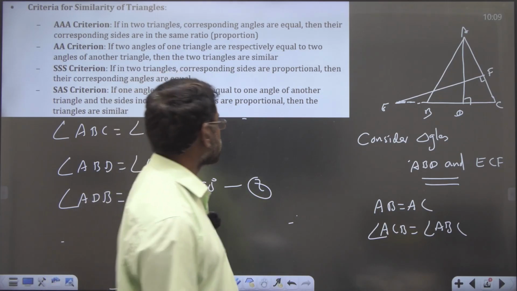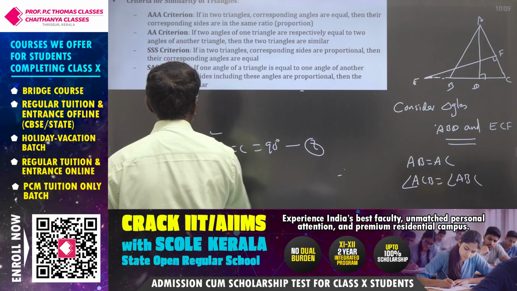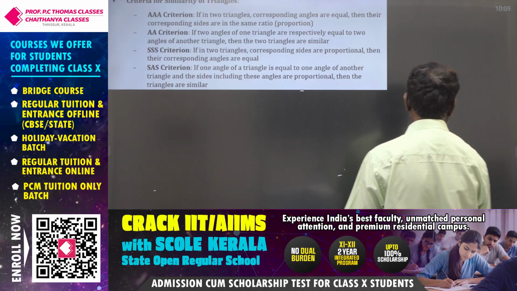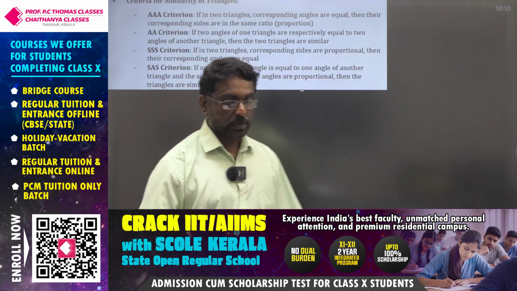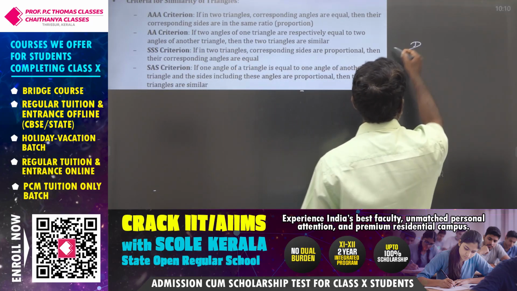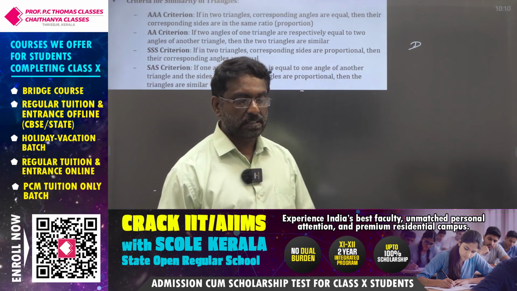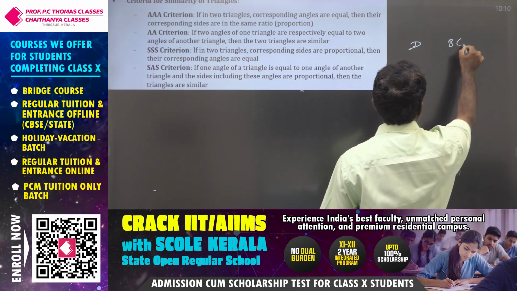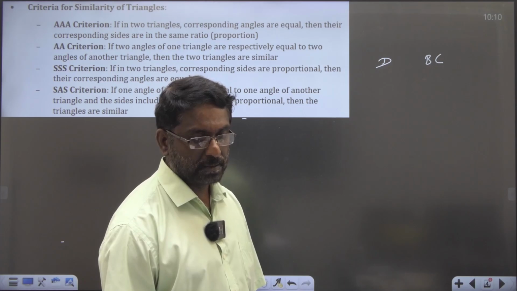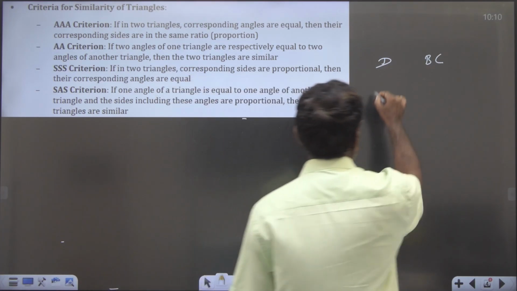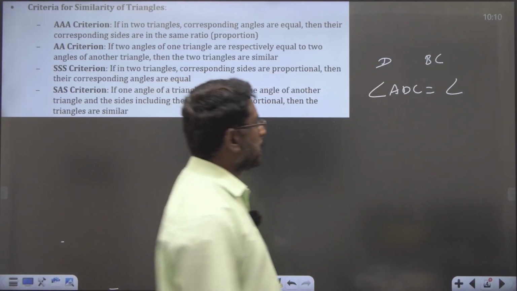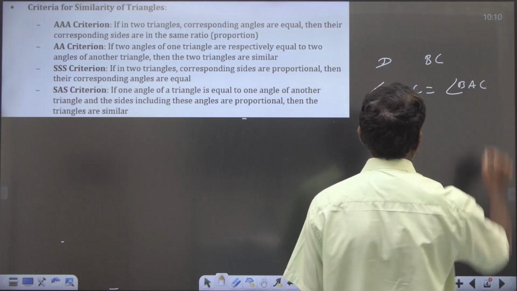Another question. D is a point on the side BC of a triangle ABC, such that angle ADC is equal to angle BAC.